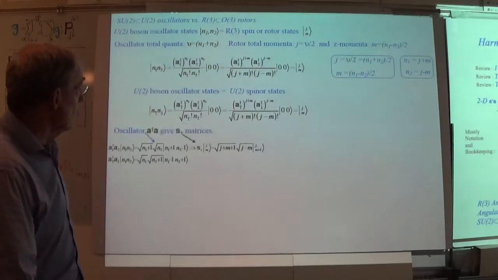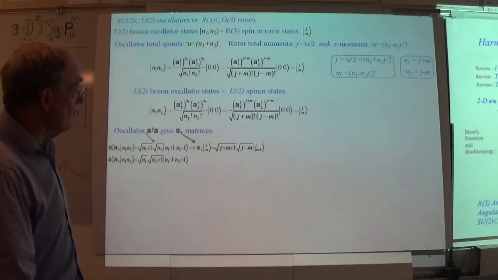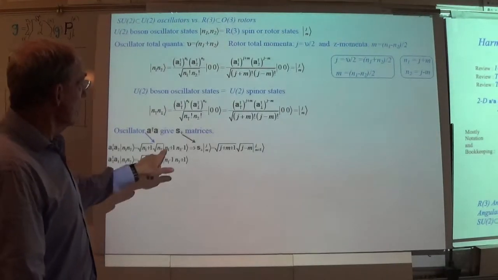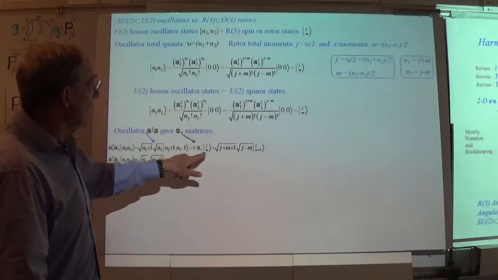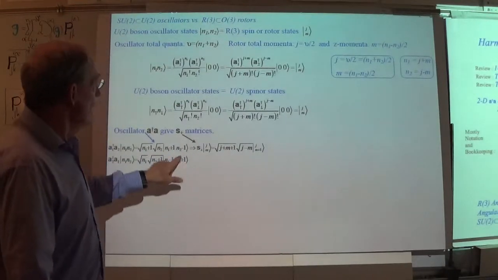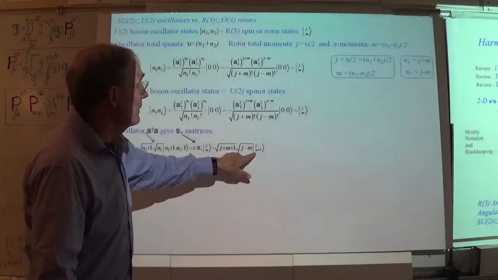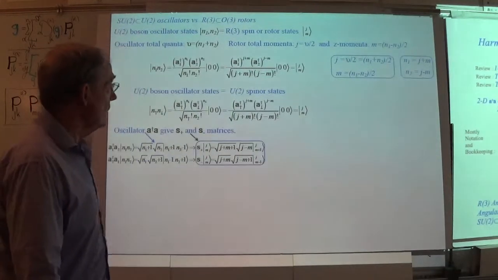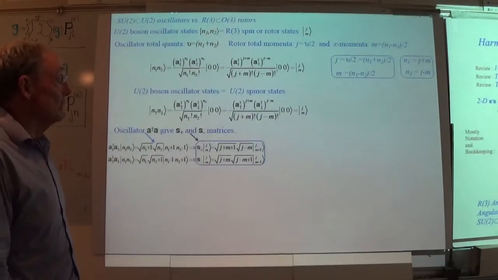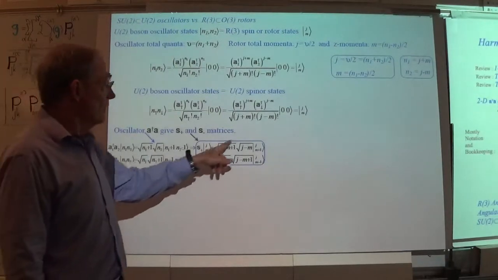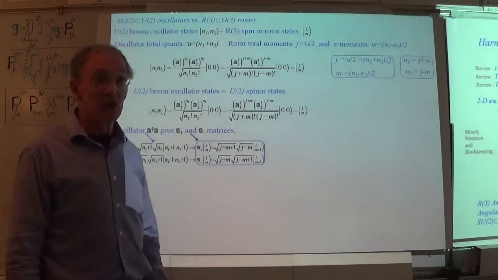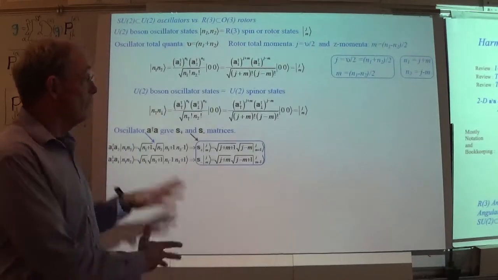Okay. Well, that's going to be an S plus matrix. Okay. So stick n1 plus 1, that's j plus m plus 1, and n2 minus 1, that's j minus m, and you get an m plus 1 right there. So there is, I claim, the shortest derivation of these relationships, which are in quantum mechanics books everywhere, but take 4 pages to derive.